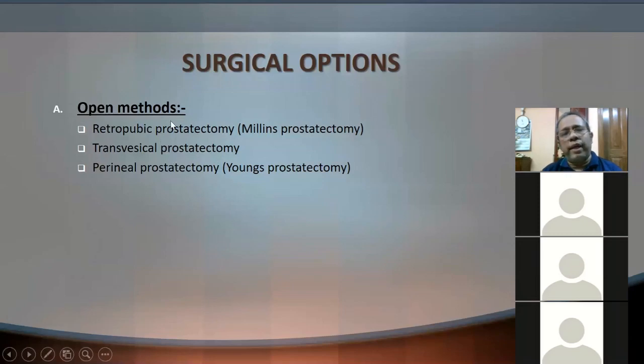The open technique needs you to put your hand, your finger, inside the abdomen, and the prostatic tissue is divided and removed.